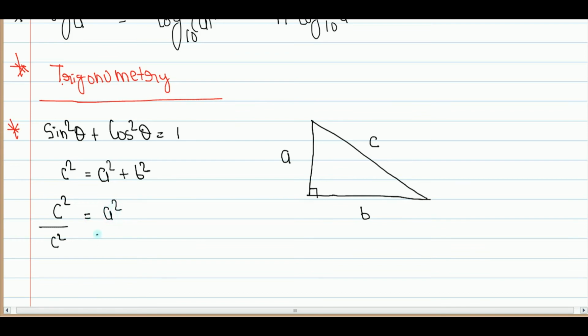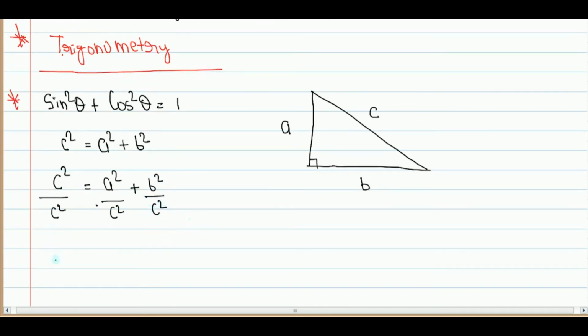The left hand side of the equation will be equal to 1, and we can write the right hand side of the equation as A by C whole square plus B by C whole square.